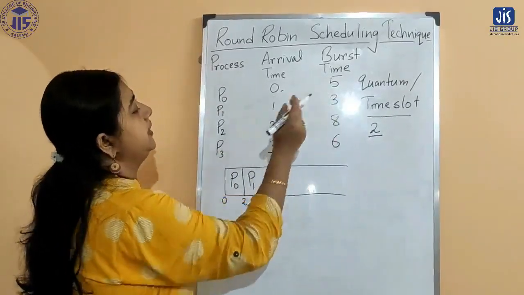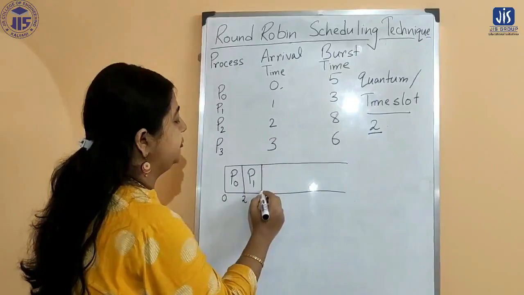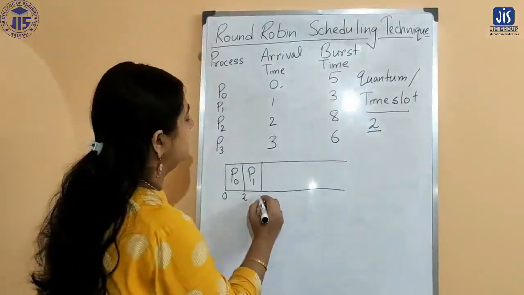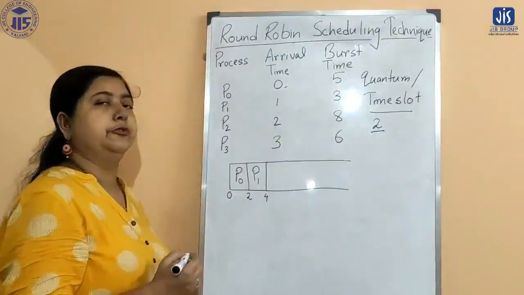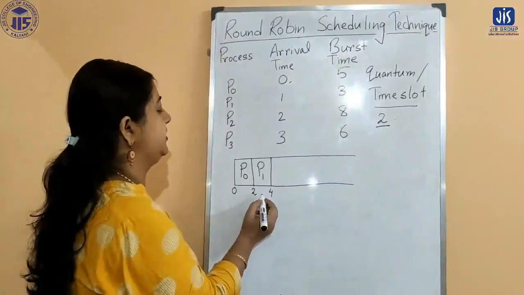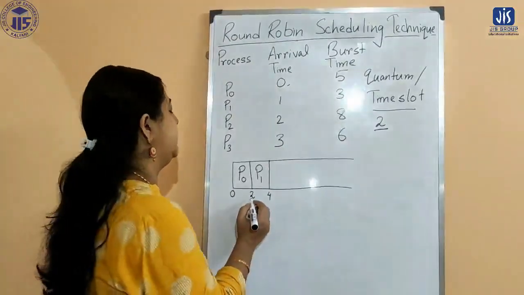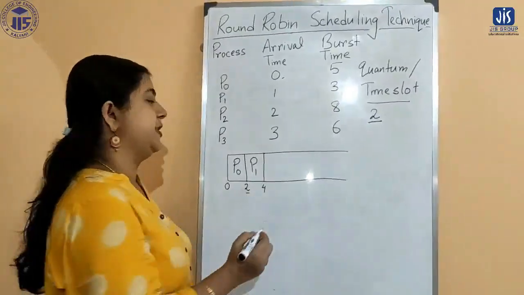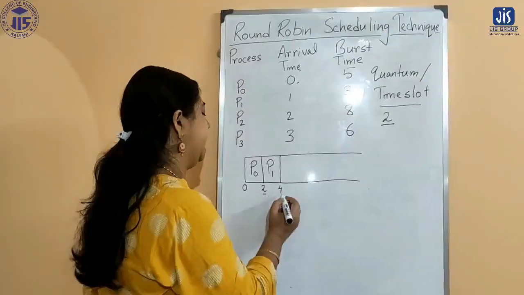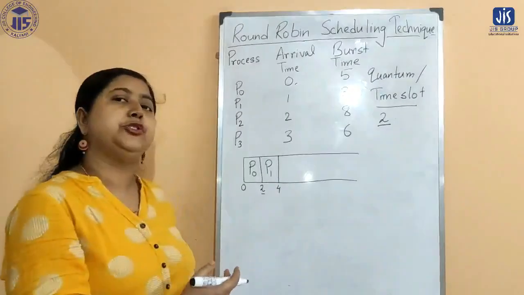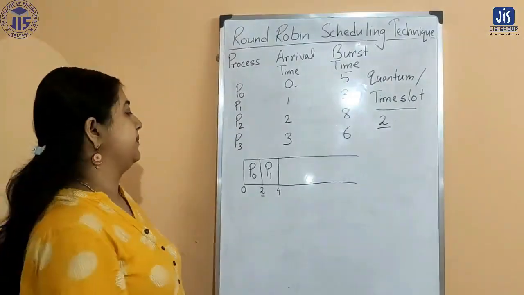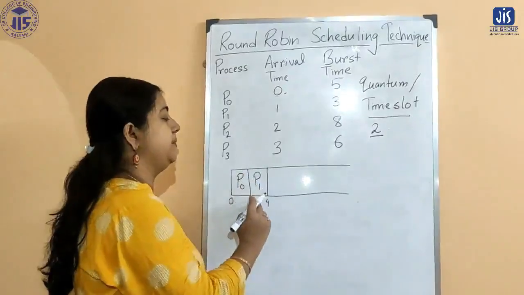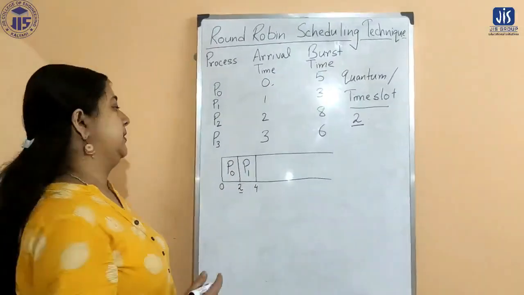P1 will continue again for 2 units of time. So now the time becomes 4. It started when the time was 2, and after that 2 units of time are added. So again at 4 a changeover is made by the system because the time slot of P1 has expired.